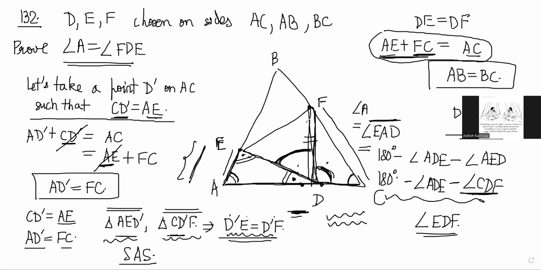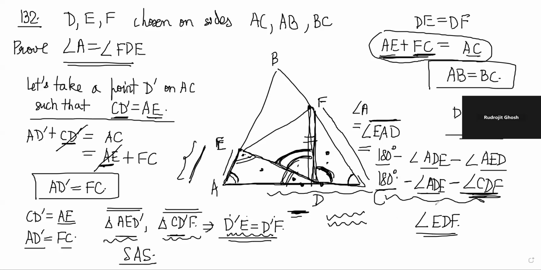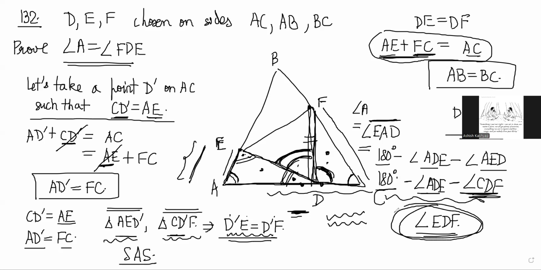You can check that by looking at the corresponding parts of the two congruent triangles, right? So now 180 minus ADE minus AED is the same as 180 minus ADE minus CDF, right? Notice that this is a straight line. So the remaining angle will be this only, no? That is EDF, right? So we have proved that angle A is equal to angle EDF.